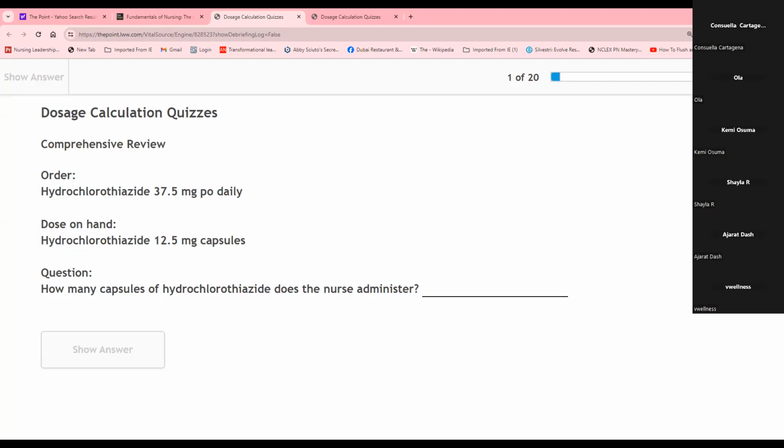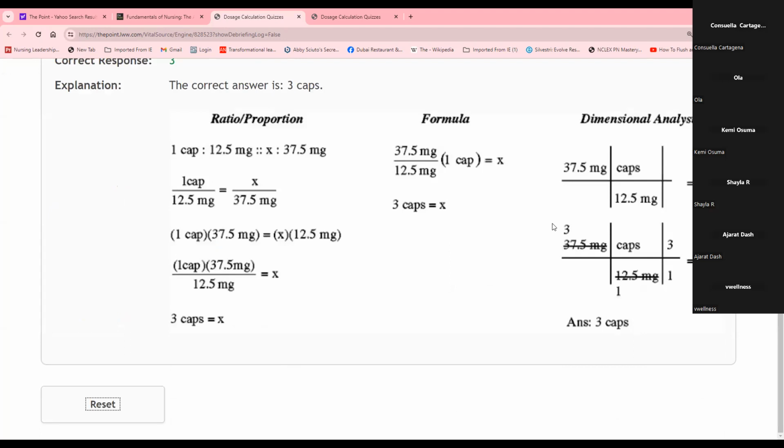Yeah, 3 capsules. That's what I got, 3. Okay, anybody still calculating? I'm still calculating. I'll be done in a minute. No problem. Got it. Okay, there's your math.